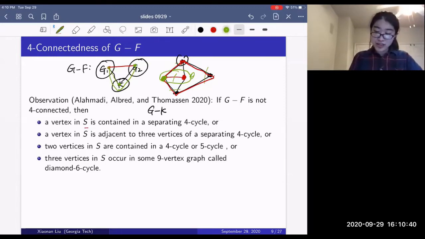This vertex can be contained in S, or this vertex can be contained in S. So we have these 2 cases.